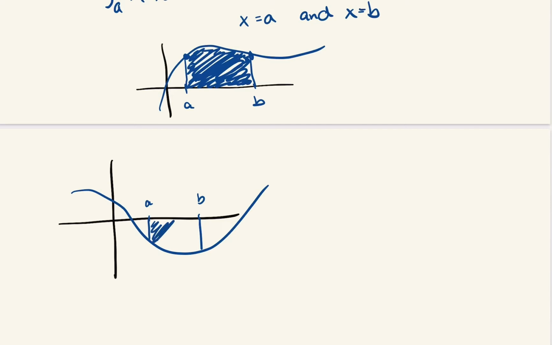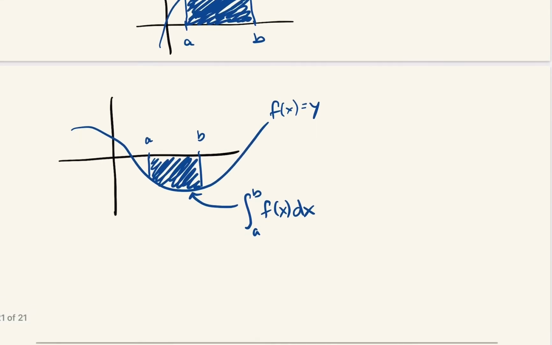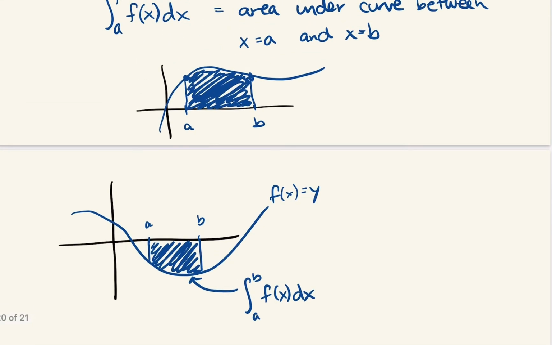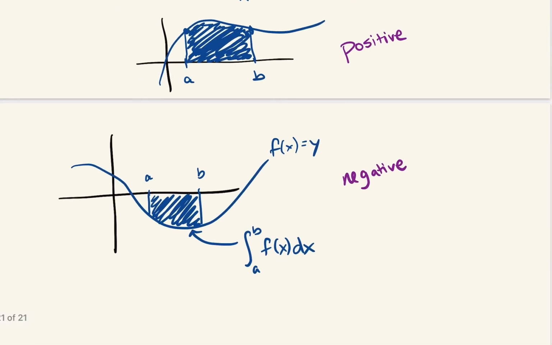Well, again, the integral here from a to b of f of x dx will be measuring this area between the curve and the x-axis. Up here, with our first example, this will end up being positive area. Down here, if it's below the x-axis, the integral will end up being negative. So basically, any area below the x-axis is considered to be negative area.